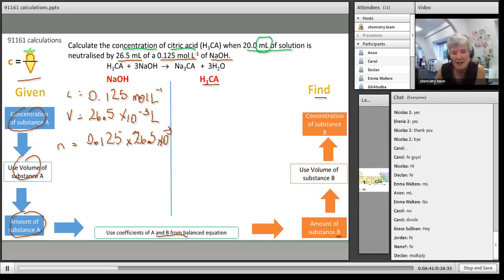Now, I haven't written my units in, but I've got moles per litre multiplied by litre. If I just change these colors, hopefully you'll see that this litre will cancel out the per litre there, leaving me an answer with mole. So I'm just quickly going to get my calculator and work that out, and you see if you get the same result.